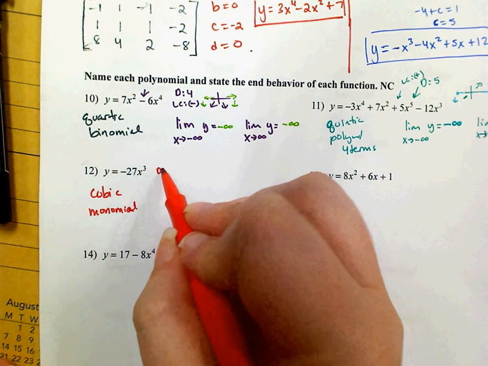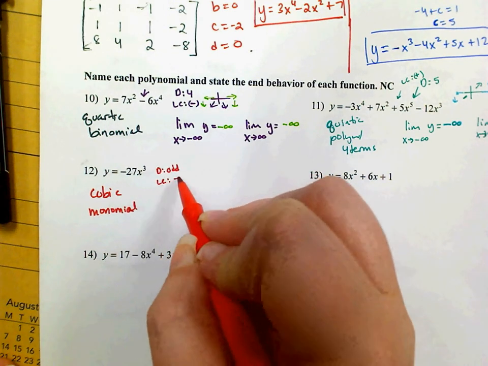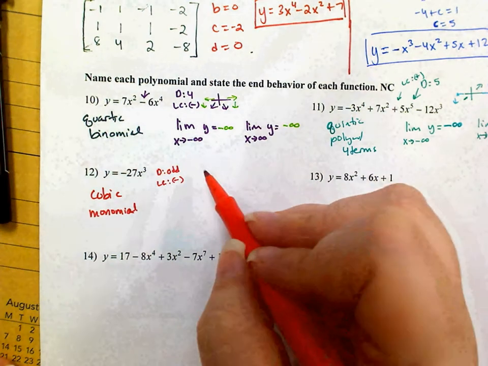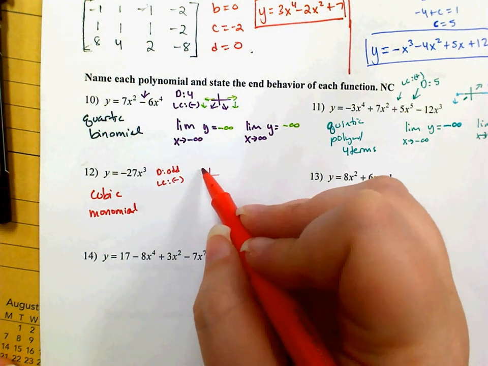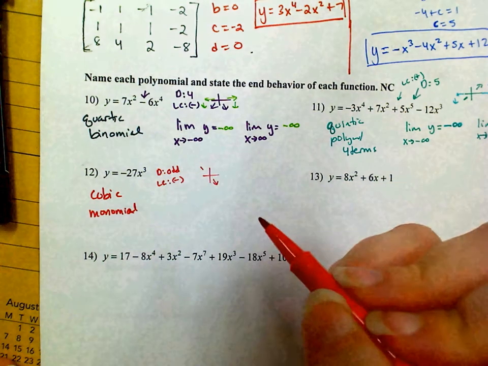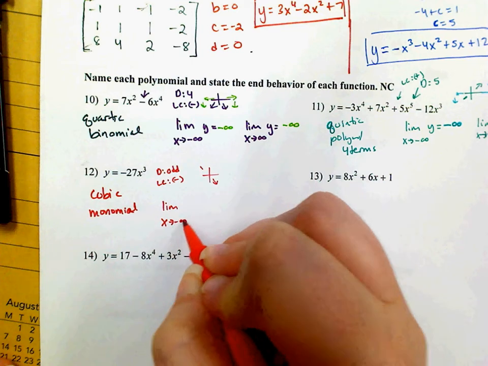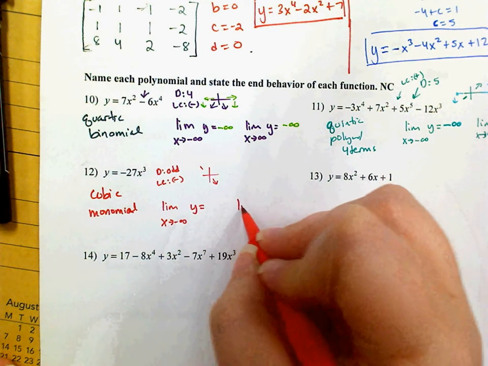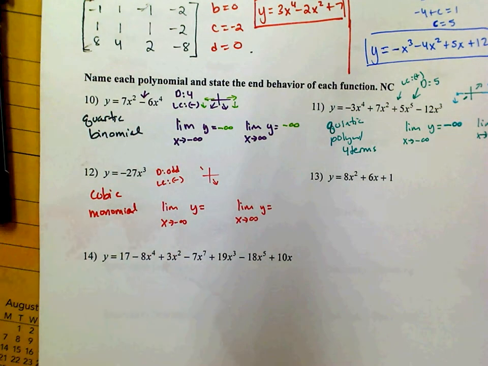So if I've got an odd negative, odds go in opposite directions, but negatives start from above and end down below. So, limit as x approaches negative infinity, and limit as x approaches positive infinity. As I go to the left, the function is going up. As I go to the right, the function is going down.